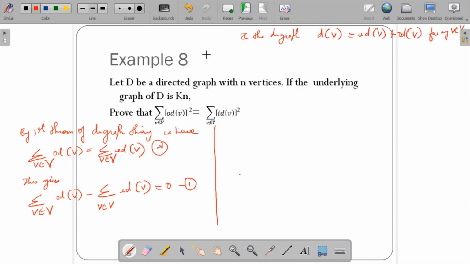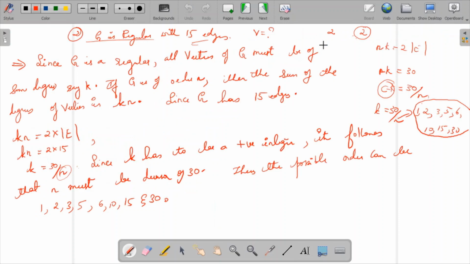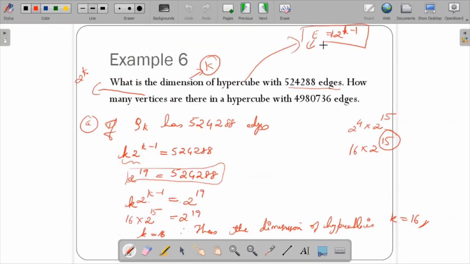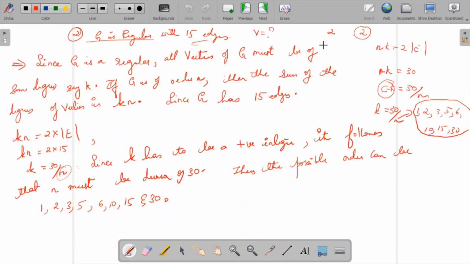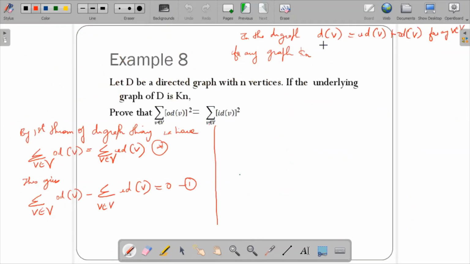If you want to find the degree of any vertex, take n as the number of vertices. For the graph Kn, like Q3 or K3, we have n vertices. What would be the degree of that particular vertex?